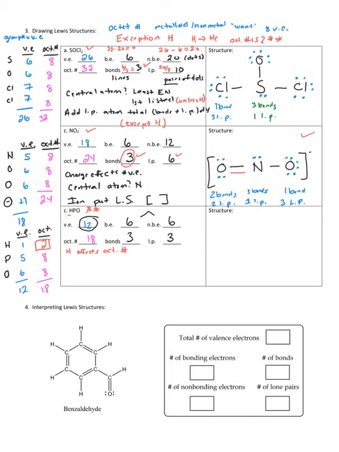Now, there's some other things to keep in mind. Since hydrogen makes 1 bond and only 1 bond, that means that hydrogen can't do a lot of things.